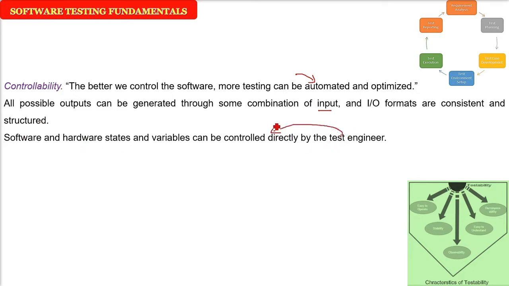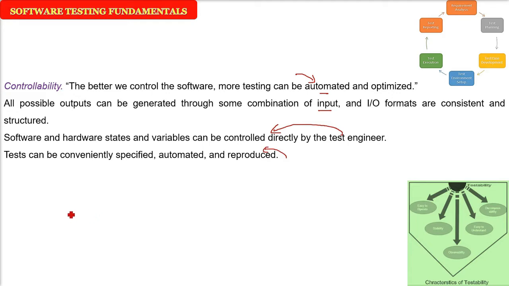This is controllability. So tests can be easily and conveniently specified, automated and reproduced, because the software is under your control. It can be tested with control. A very important aspect of your testability.